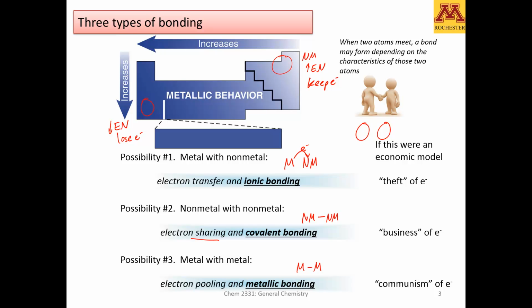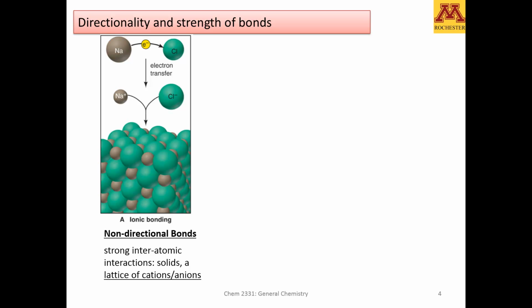And for the metals, I call it the communism of electrons, because suddenly the electrons are not associated to any metal at all. They will form a pool of electrons that do not belong to any specific metal or specific nucleus. That also affects the kind of bonding, and also a very important aspect, the directionality and the strength of the bond.